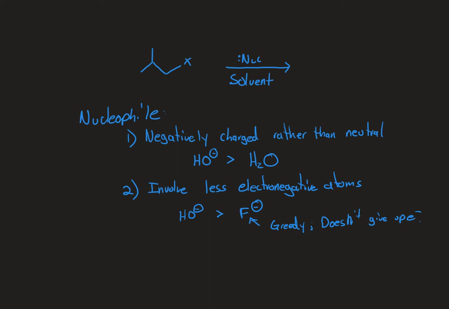The third factor is that they are large and polarizable. I like to sometimes describe this as fluffy. And so that means that I minus is better than Br minus, which is better than Cl minus, which is better than F minus.